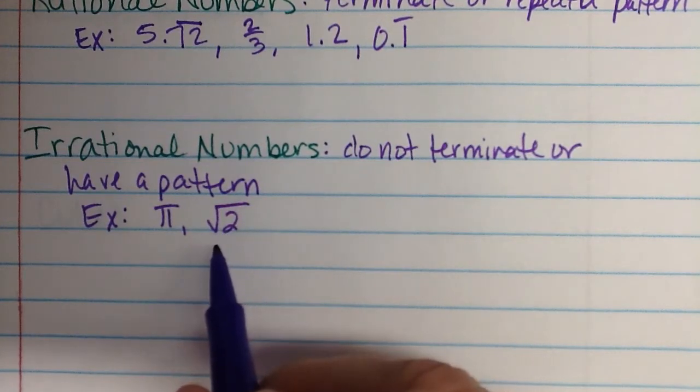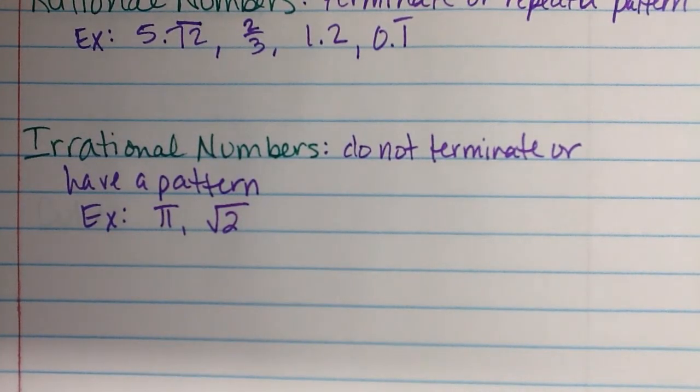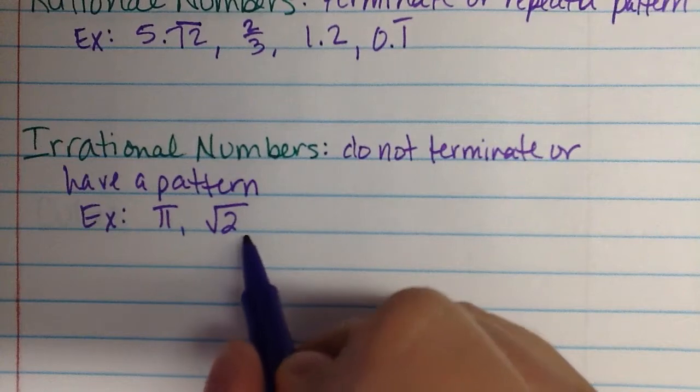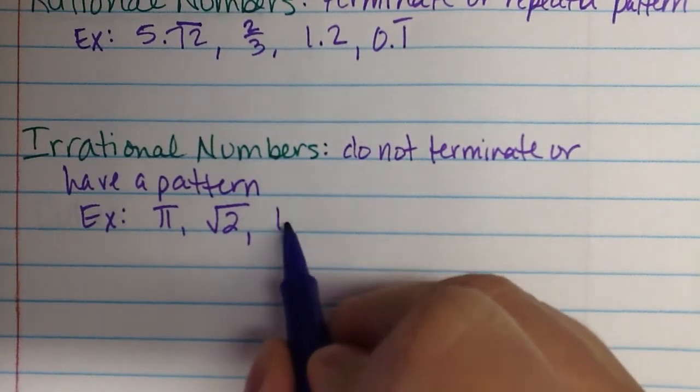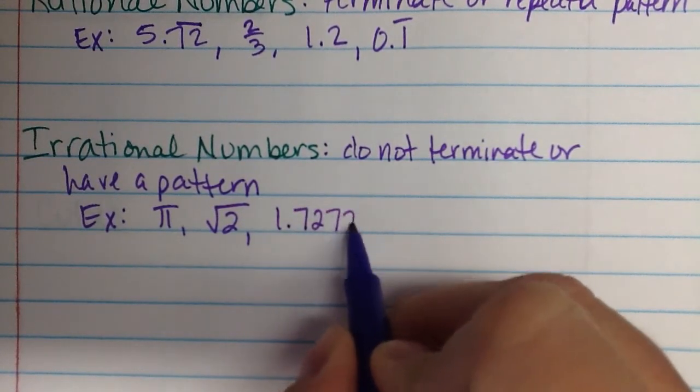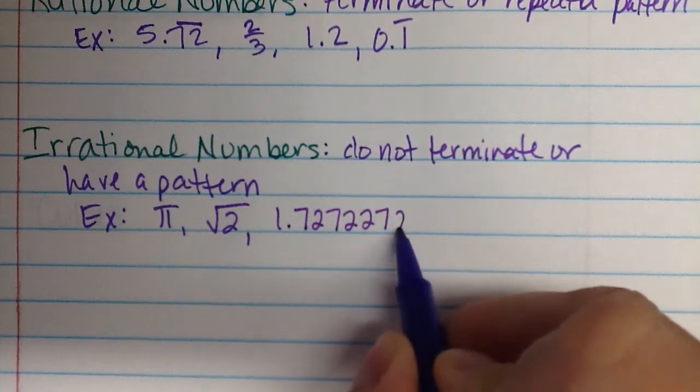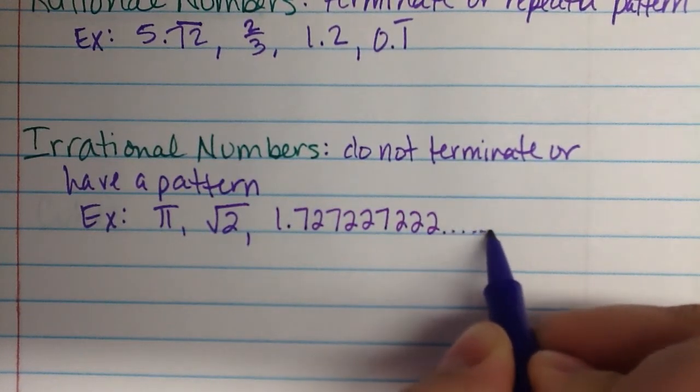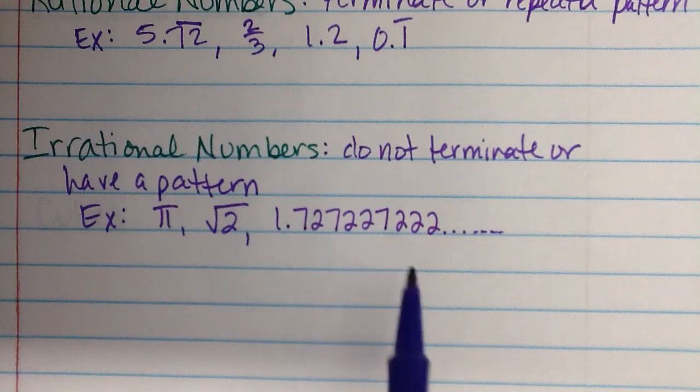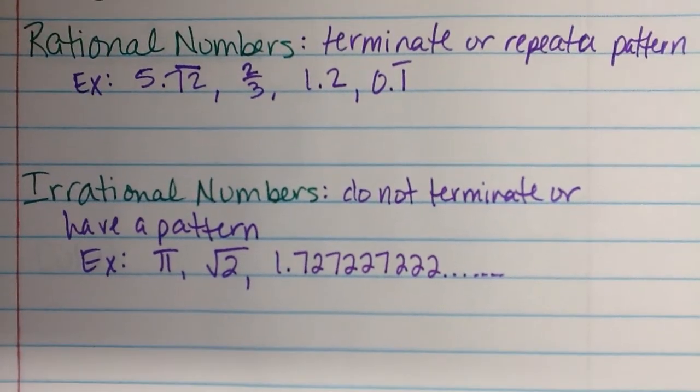Square root of 2 is 1.414213, and a lot of other things after that. An example would be 1.727227222... It doesn't repeat the same thing every time. Those are rational and irrational numbers.